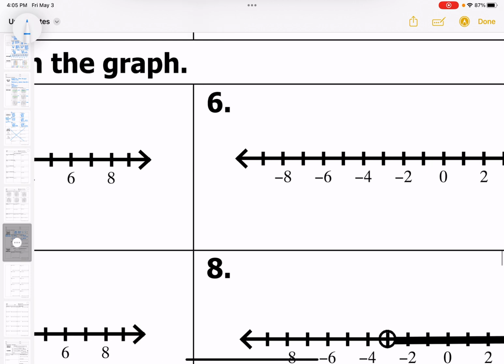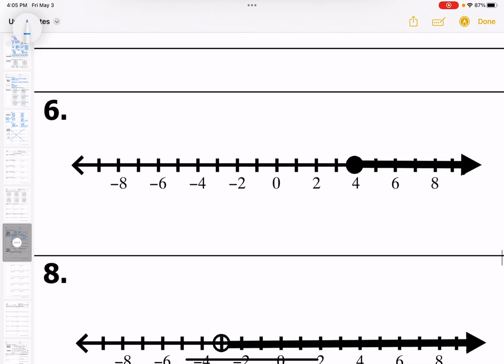All right, number 6, we have a closed circle on 4, and it's shaded to the right. So I'm going to be using the greater than or equal to sign because it's closed and it's shaded to the right.